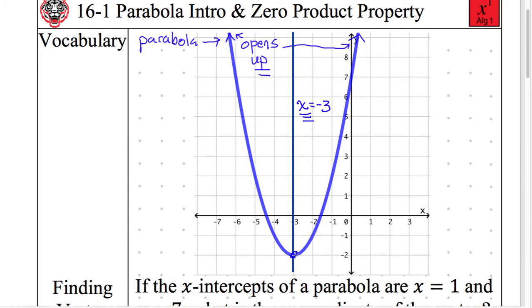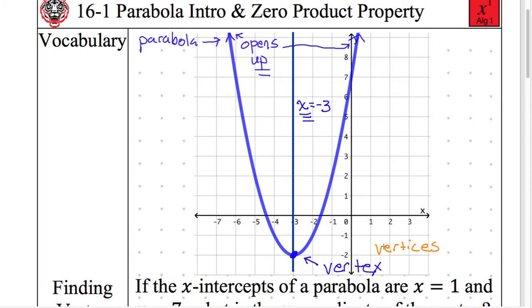All right, so let's do another vocab word. This point right here is on the parabola. It's also on the axis of symmetry. It's the lowest possible point. It's like the tip of the iceberg of this quadratic or this parabola. So I call this point right here the vertex, V-E-R-T-E-X. If I have two of them, they're called vertices.